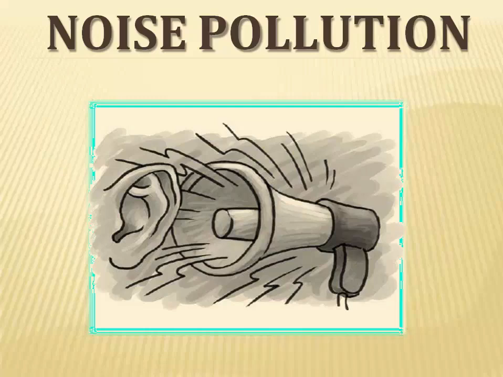Here again we have a separate detailed topic on noise pollution, which you will see after a few lectures, where you will come across detailed discussions of what exactly noise is, and the physics of noise and sound. So here, just for introduction purposes, we look at noise pollution as a type of pollution.